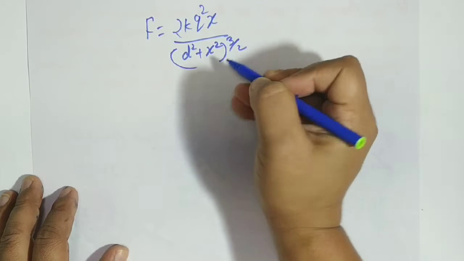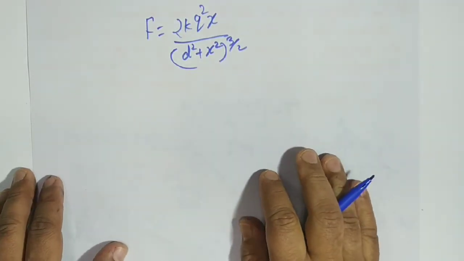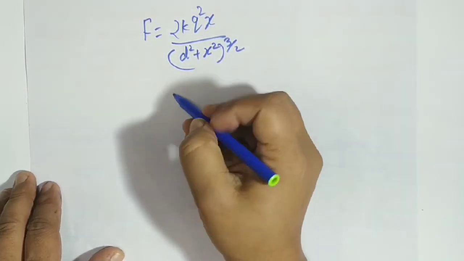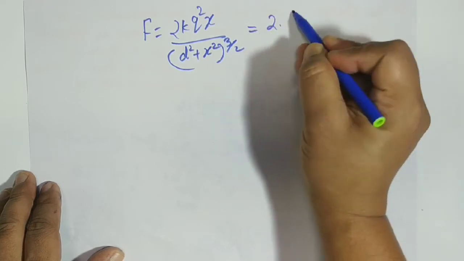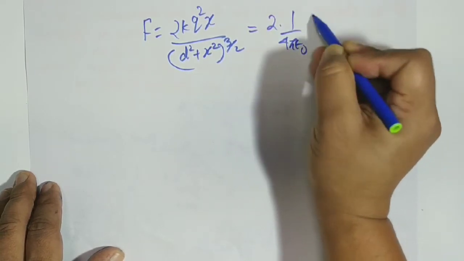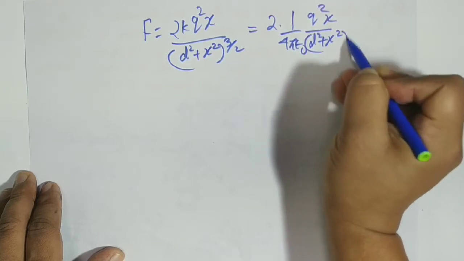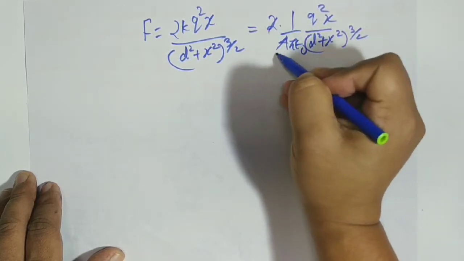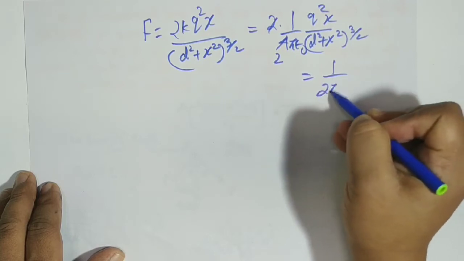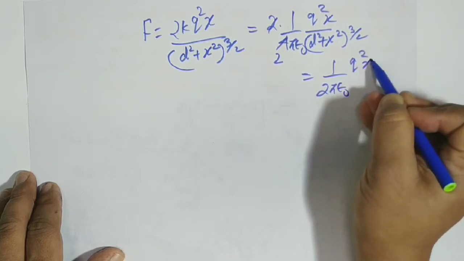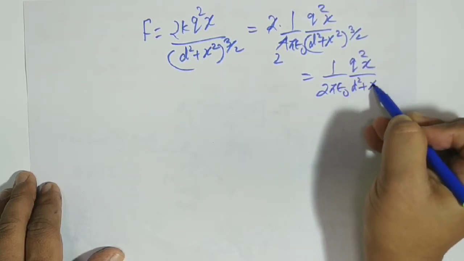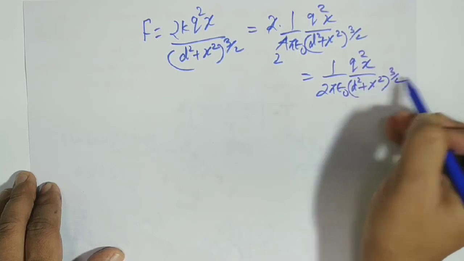This is the net force. And all of you know when it has an acceleration, you can further elaborate it. K is 1 upon 4 pi epsilon naught, so 2 becomes 1 upon 2 pi epsilon naught q square x over d square plus x square to the power 3 by 2. This is the net force coming.